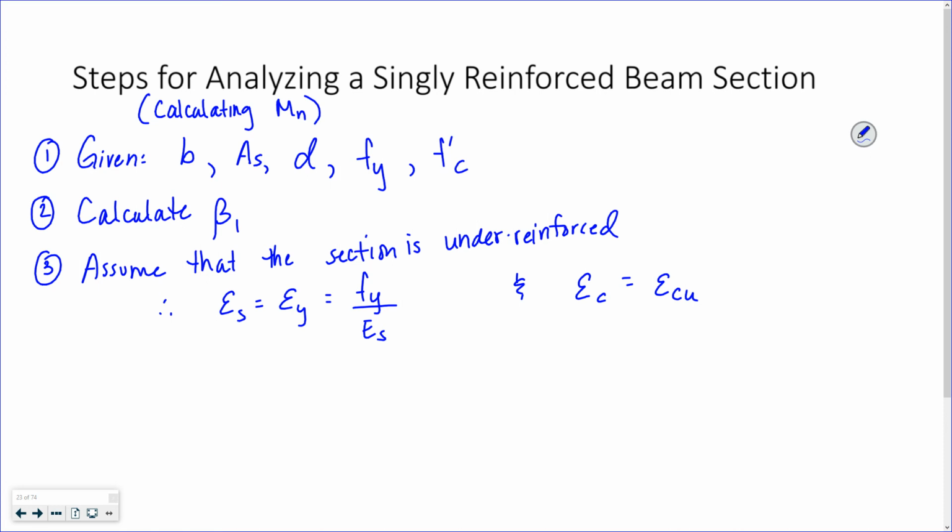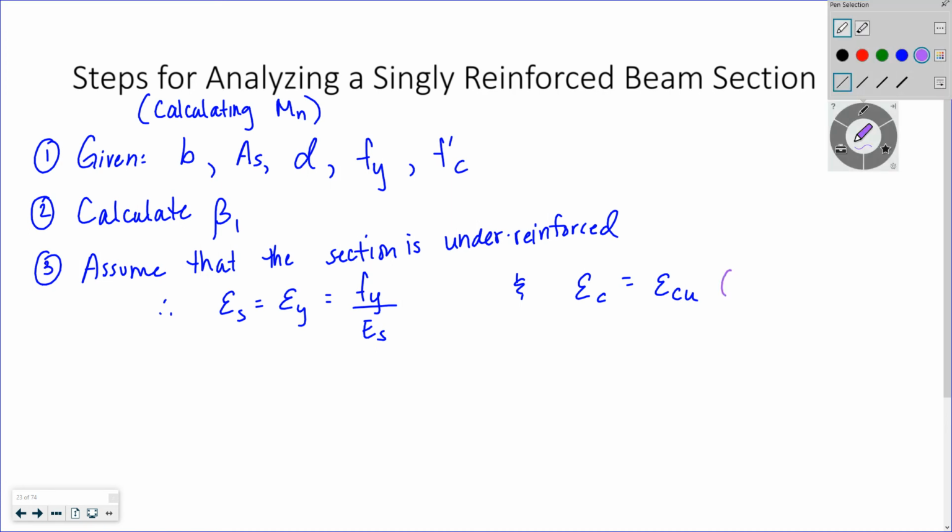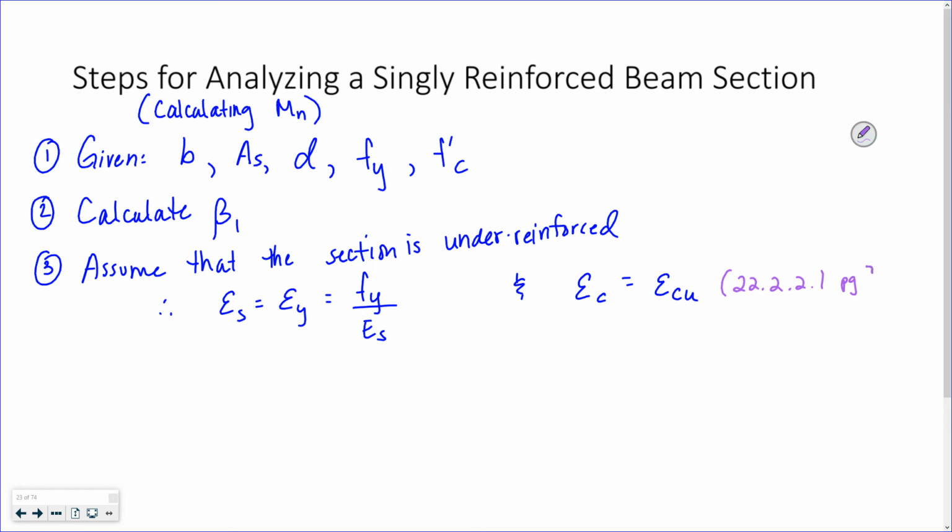Section 22.2.2.1, page 398. The maximum strain of the extreme compression fiber shall be equal to 0.003. Commit that to memory.